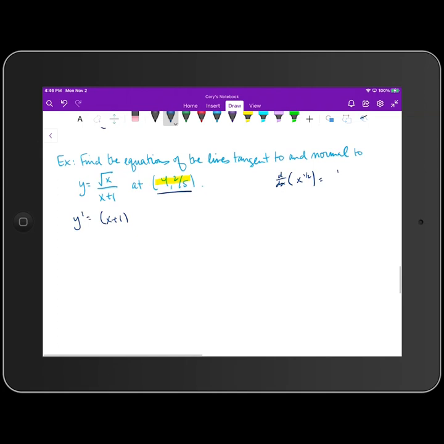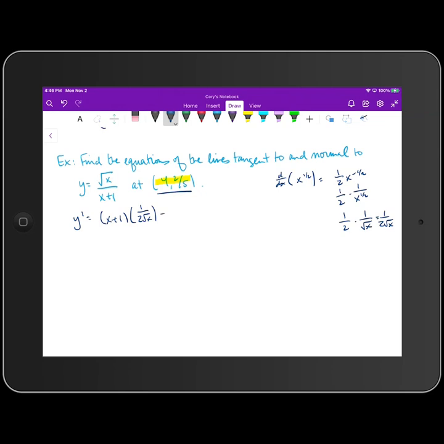Again, the derivative of that is going to be 1/2 x to the negative 1/2 power, which I can rewrite as 1/2 times 1 over x to the 1/2 power. 1 over x to the 1/2 power is 1 over rad x, and when I multiply those two things together, we get 1 over 2 rad x. So that's going to make the derivative of the top function become 1 over 2 rad x.